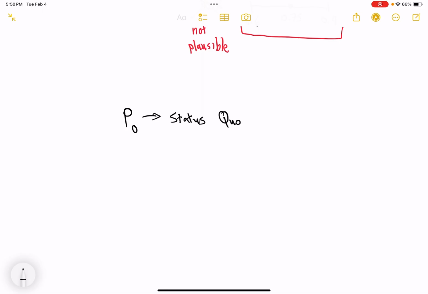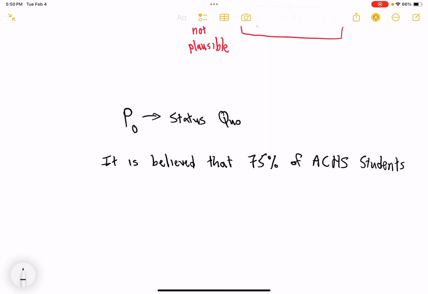The example I'll give is: it is believed that 75% of ACHS students don't sleep enough. This would be the beginning, in a lot of cases, of what we would call a significance hypothesis testing scenario.